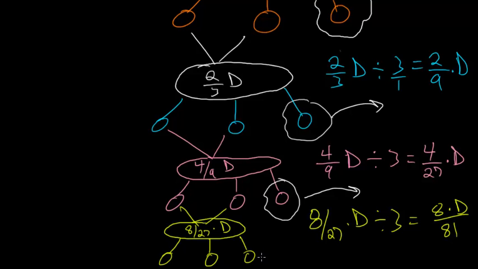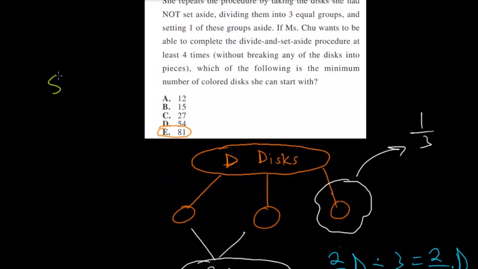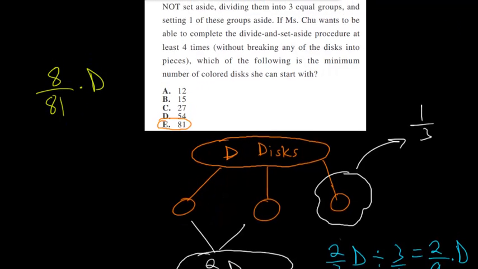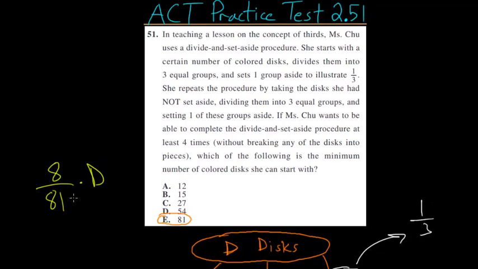We have to think, what's the minimum amount of discs that we can start with, such that when we do get to this last step, breaking them apart, we'd end up with a whole number. So we know that whatever amount we start with, at the very end, each of those sets of 3 has this 8/81 of our starting amount of discs.